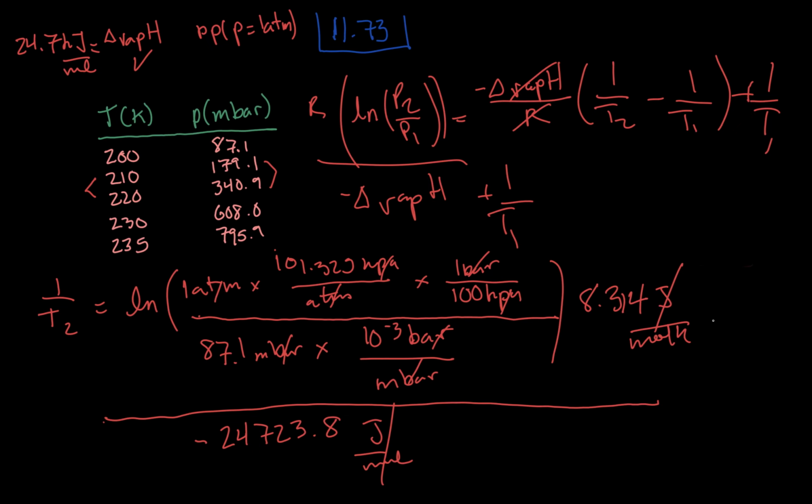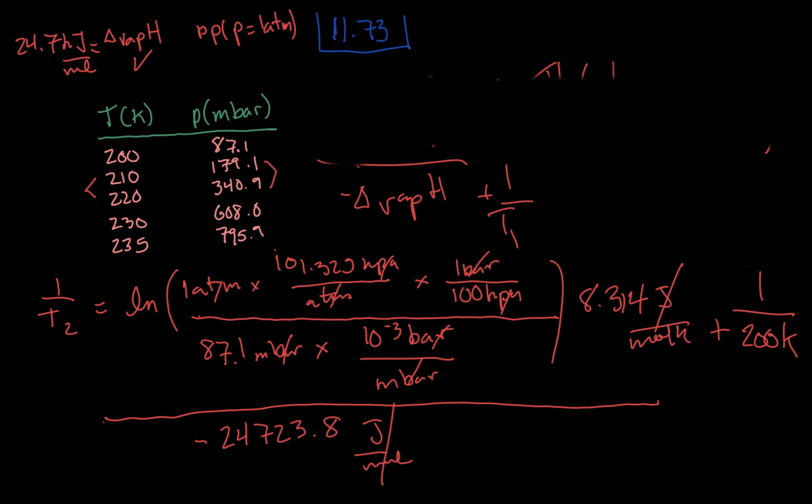That's going to give us exactly what we want. And don't forget, we're adding to this 1 over T1. I went with 87.1 for the pressure, so that's going to have to be 1 over 200 Kelvin. I do apologize for the disastrous writing here, but it is what it is on this digital drawing pad.